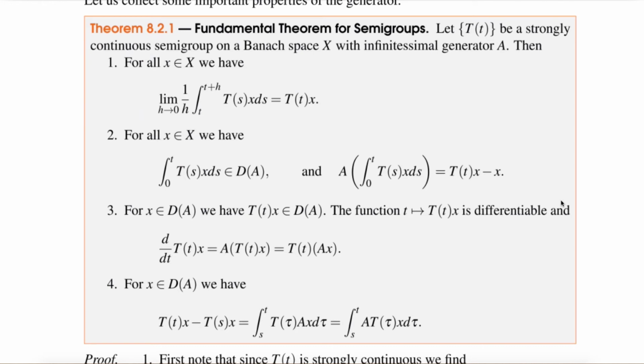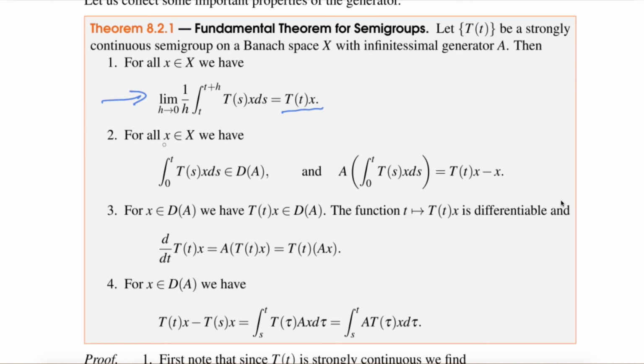So here we integrate from t to t plus h and then divide by h, that is, multiply by 1 over h. So what we basically do is we differentiate the integral. And as we know from calculus, differentiation undoes integration, and the same is true here. So this differential quotient of the integral goes to T(t)x.